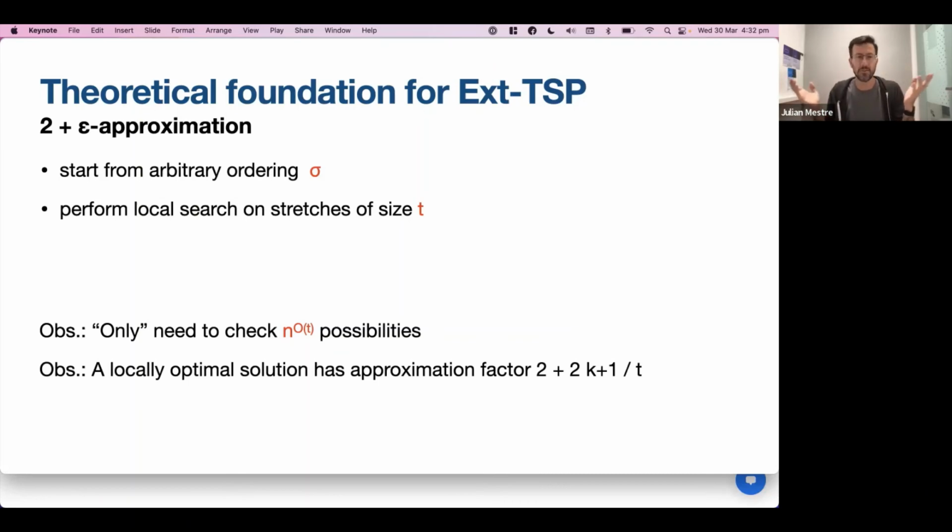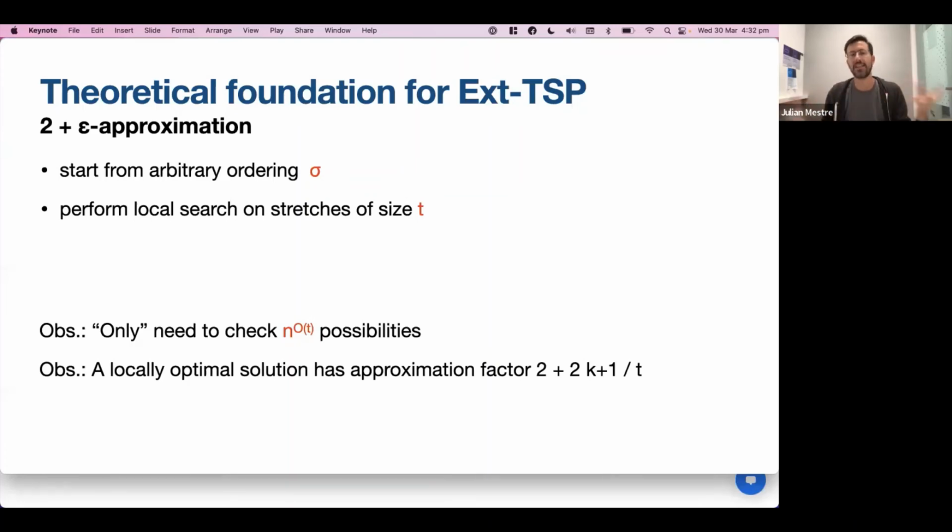So you can just look at all possible permutations. That's only n to the O of t, right? So that's, again, terrible, because we're going to set t to be a fairly large value. But just to understand what is possible.